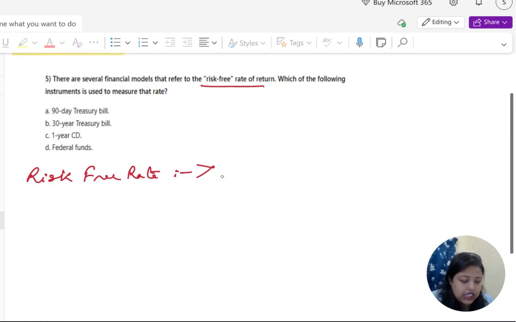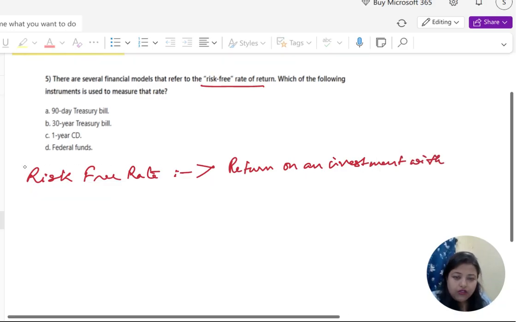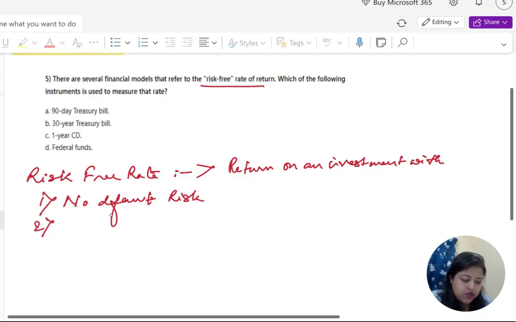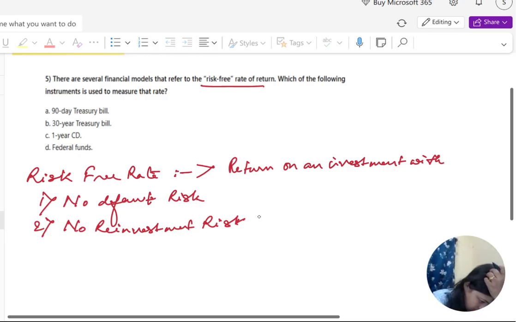It is the return on an investment with, number 1, no default risk, and number 2, no reinvestment risk over very short periods.